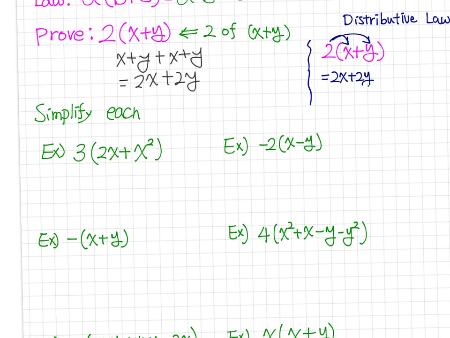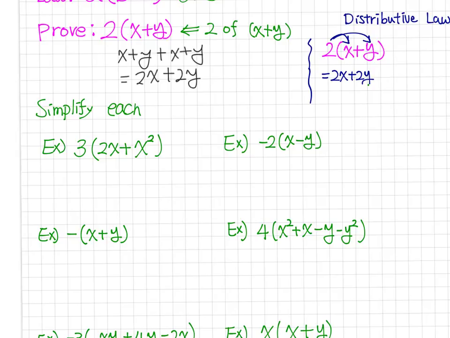Now let's get into the examples. In a simple way, if I have a number or a term in the front, I multiply the 3 to the inside, so it becomes 3 times 2x, and then I multiply 3 with a positive x squared, so this becomes plus 3x squared.